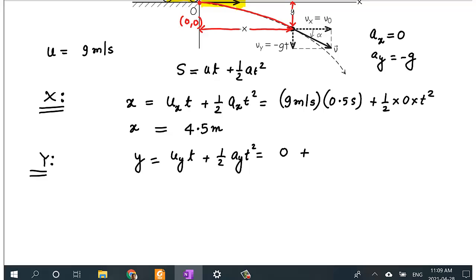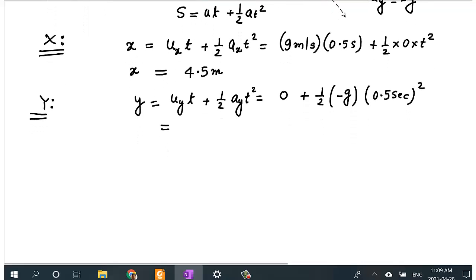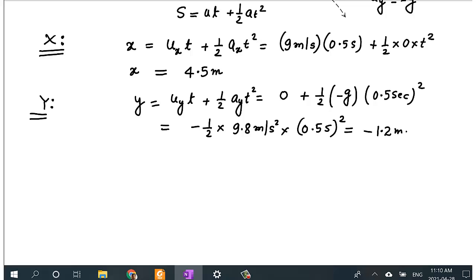So 0 plus half, and gravity is in the downward direction, so I have to put a negative sign, and t square, t is 0.5 second whole square. Now you can plug in the value of g, that is 9.8 meters per second square. So this will be minus half times 9.8 meters per second square times 0.5 second square. If you calculate, this value will come to minus 1.2 meters.